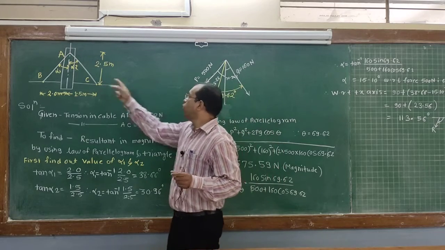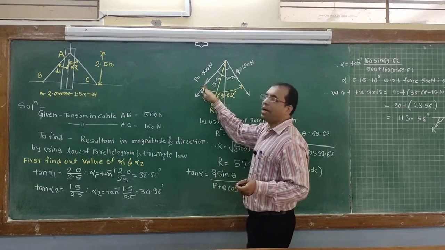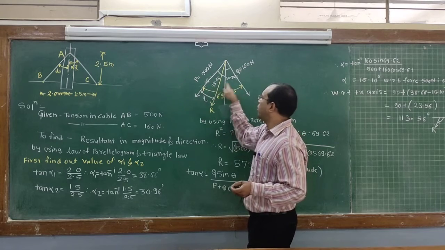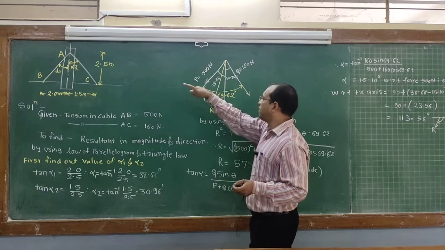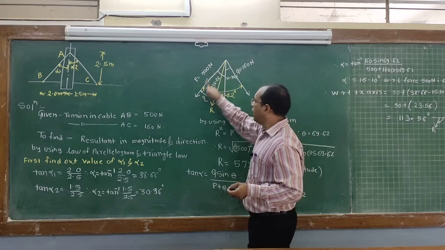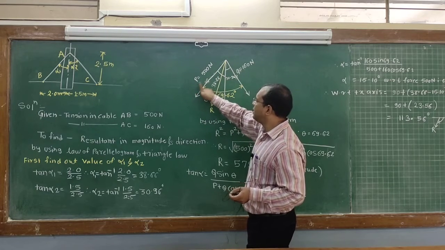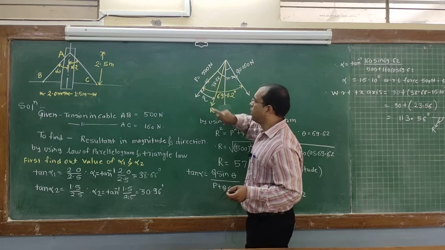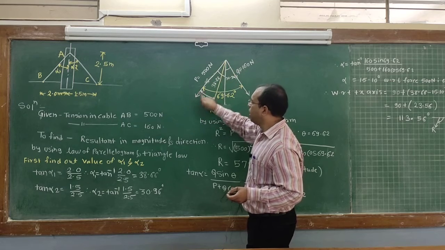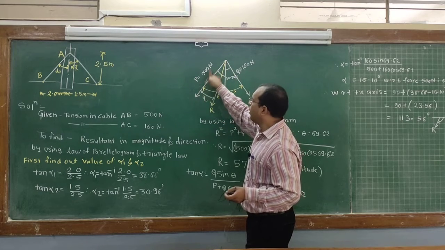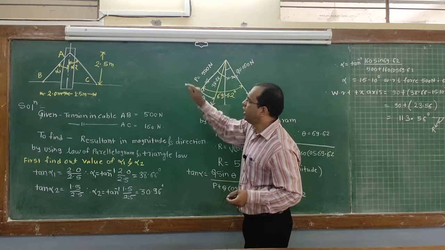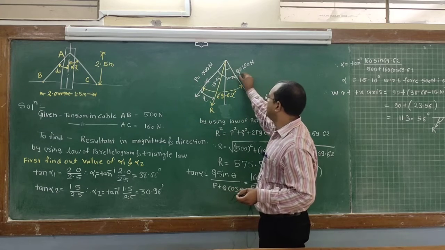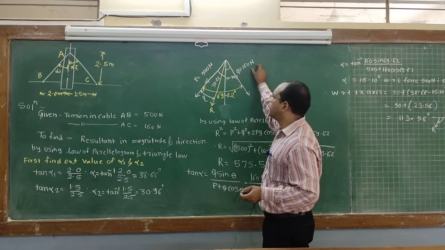As there are two forces, I have drawn the free body diagram of this figure. Let's say the tension in cable AB is P, that is 500 Newton, and the tension in cable AC is Q, that is 160 Newton.